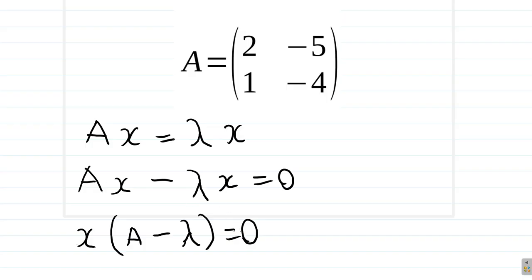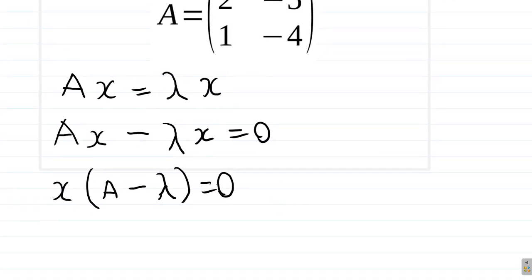But hold on, let's see something here. You see the matrix A, it's in the form A, B, C, D, where A, B, C, and D are numbers, just like here. You have 2, negative 5, 1, negative 4.